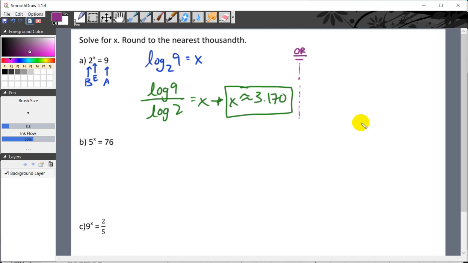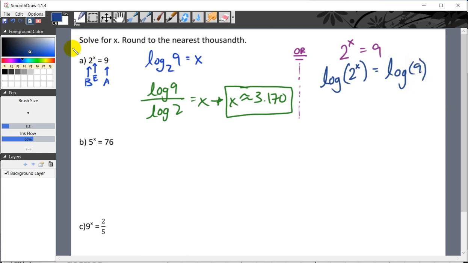If we start off with 2 raised to the x equals 9, we can rewrite both sides with a common logarithm. If we write both sides with a common logarithm, we have log of 2 raised to the x equals log of 9.